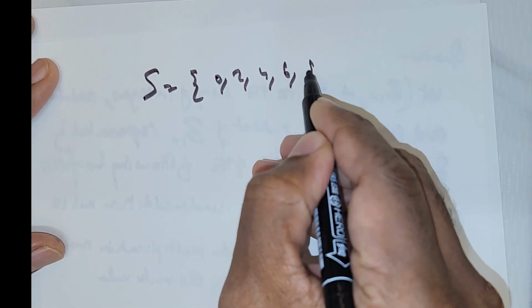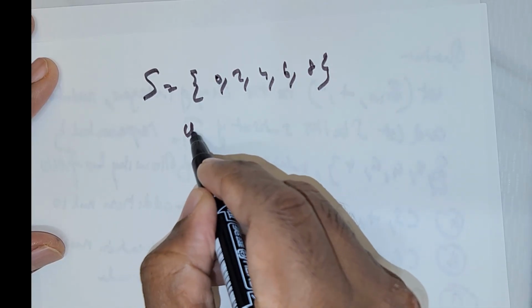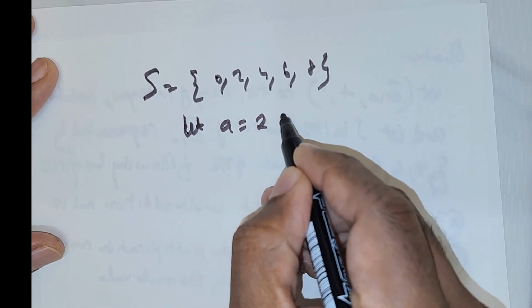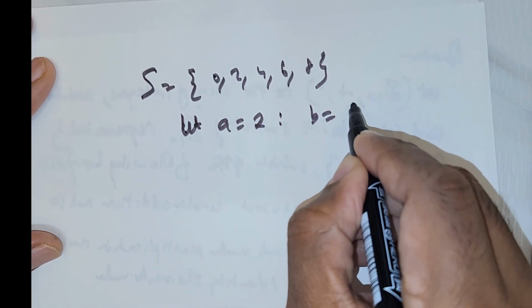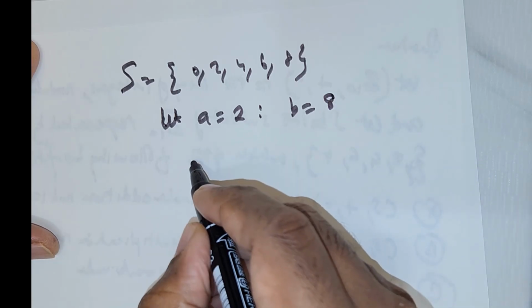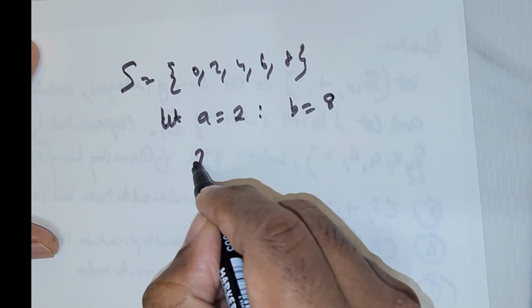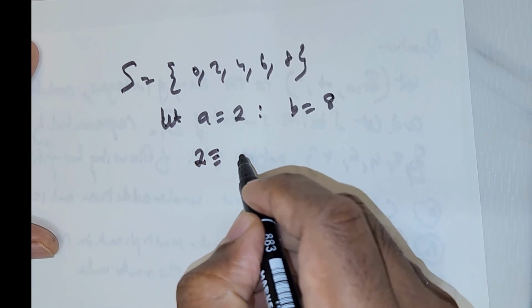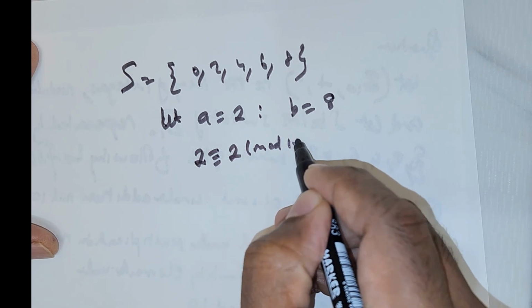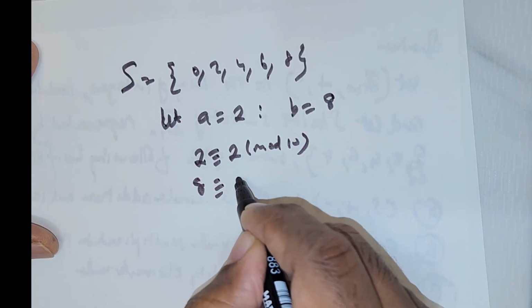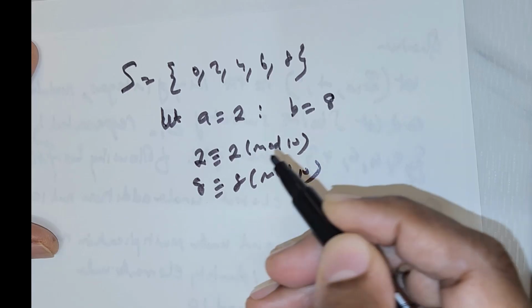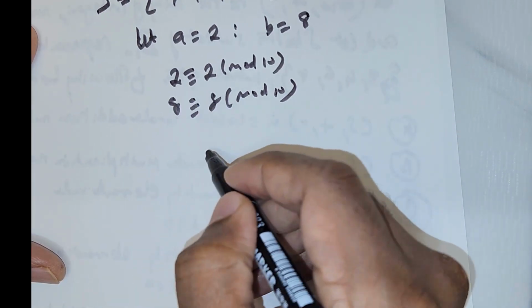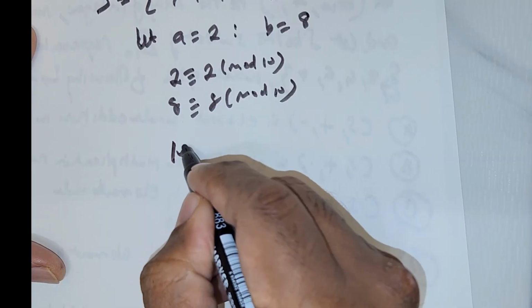So let me show you what that definition means. S is 0, 2, 4, 6, 8. Let me take a equal to 2 and b equal to, say, 8. Now clearly 2 is congruent to 2 mod 10 and 8 is congruent to 8 mod 10. We know this. Now we add 8 with 2, we get 10.